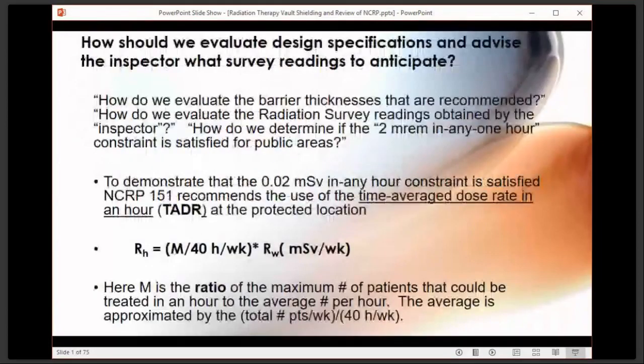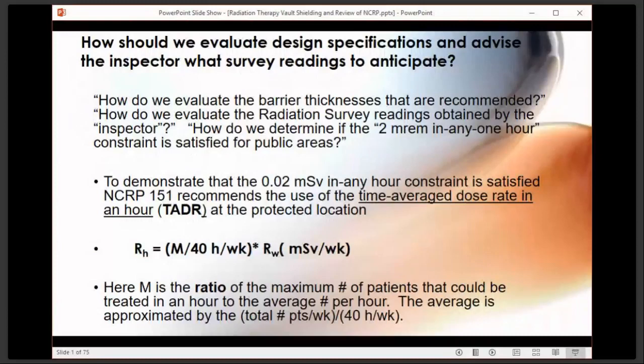All right, now, once we get all these calculations done and say we want barriers of this thickness and that thickness, how do we evaluate if this really meets all the considerations?